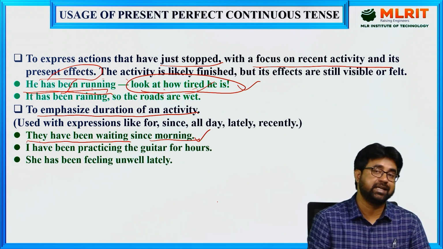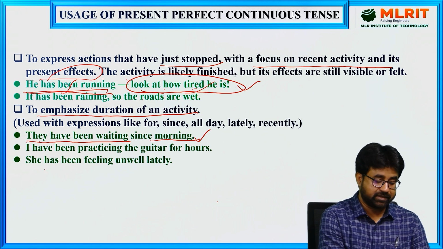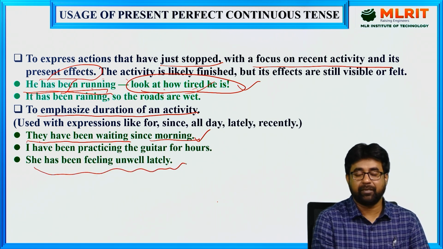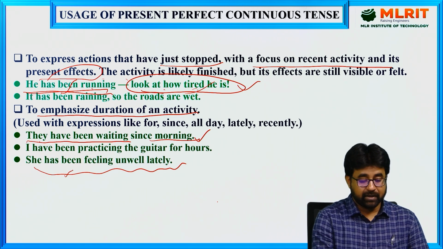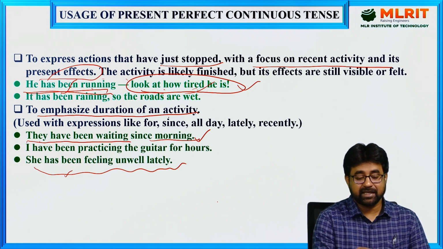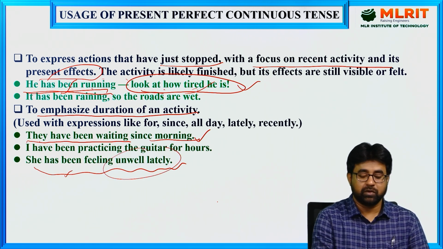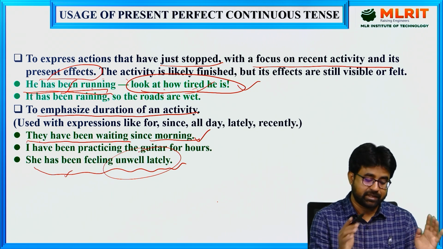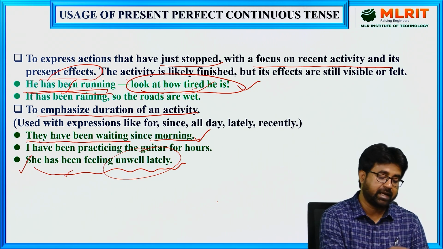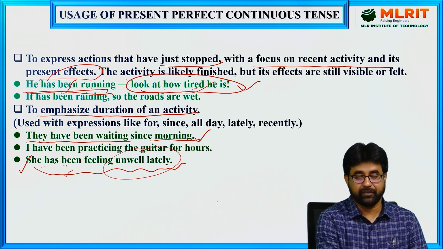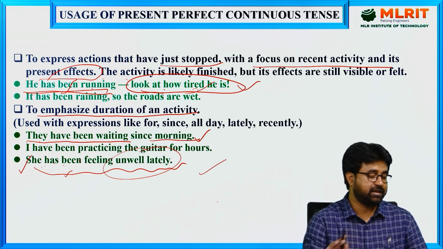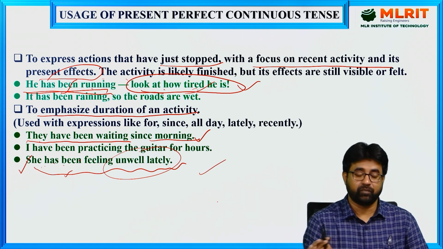So that's why I'm using present perfect continuous tense. She has been feeling unwell lately. So here also again, I'm emphasizing the duration of an activity. Since when she has not been feeling well, what is the duration? My focus is on that. So for that also, which tense am I using? She has been, present perfect continuous tense. So these are the four major usages of present perfect continuous tense.